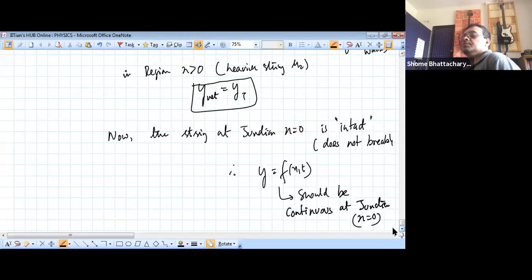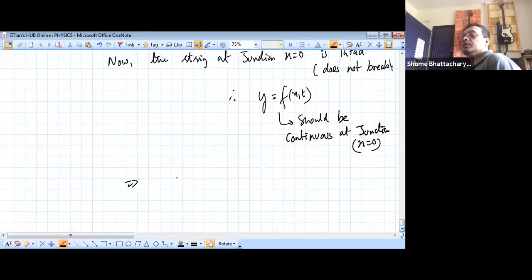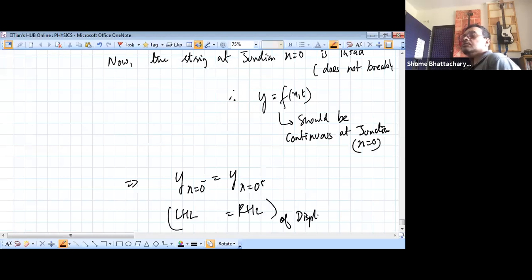So we'll apply the equation of continuity at x equal to 0. Y at x equal to 0 minus should be equal to y at x equal to 0 plus. That is, left hand limit should be equal to right hand limit of displacement at the junction.